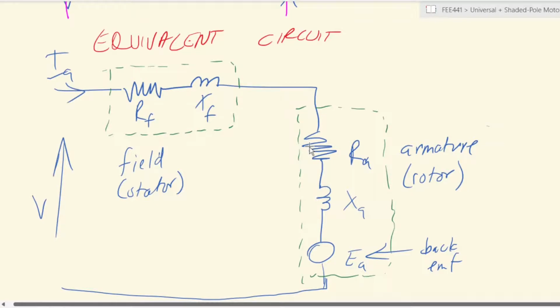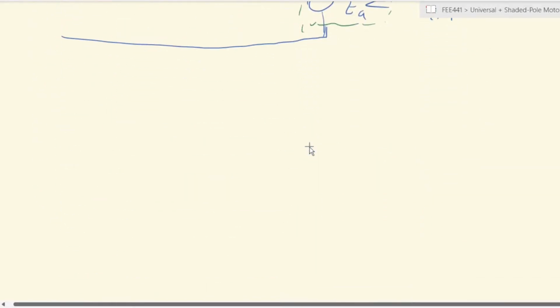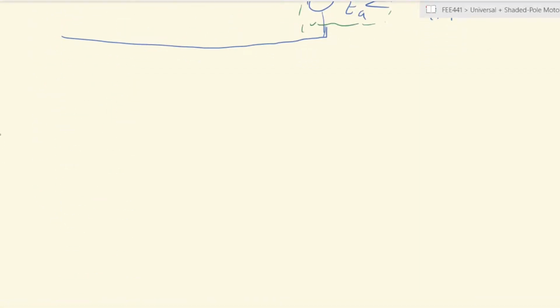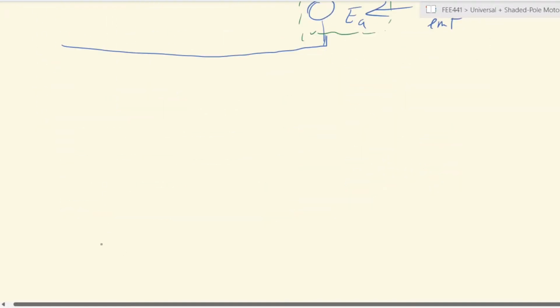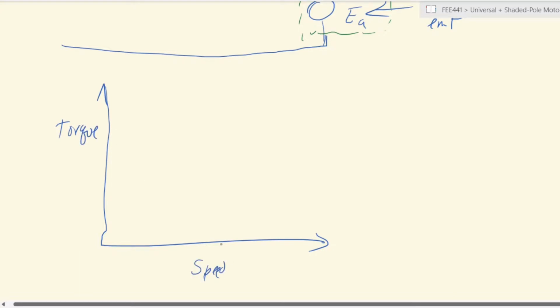And consequently, we've been looking at torque speed characteristics, and the torque and speed of our universal motor will look something like that, right? So it has a high torque at the low end, which is the starting point. So we can call that the starting.